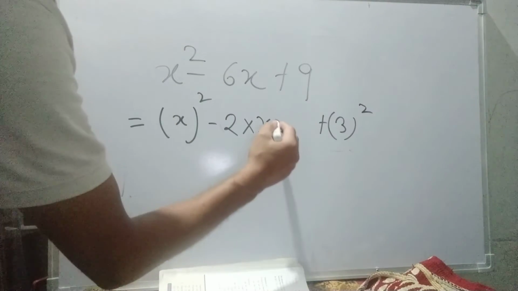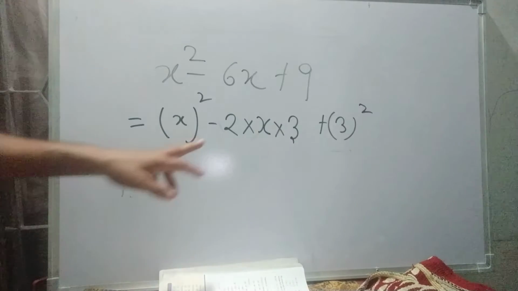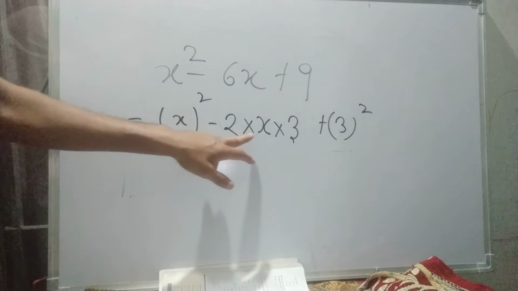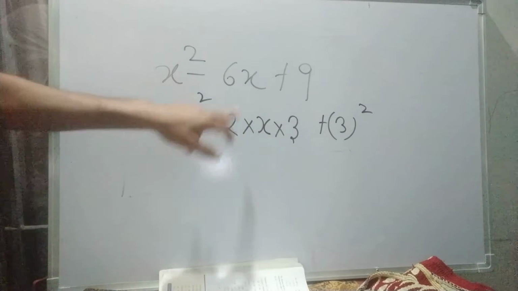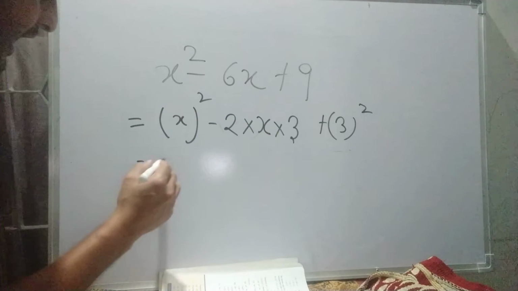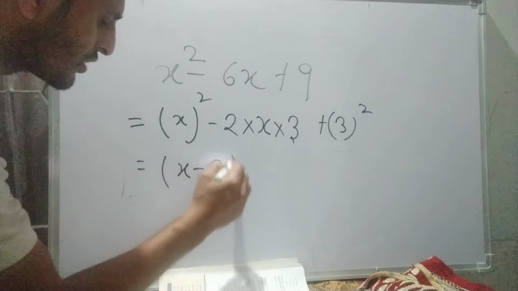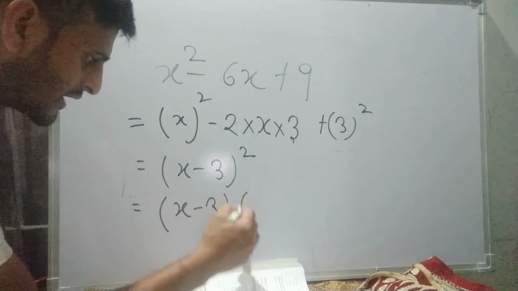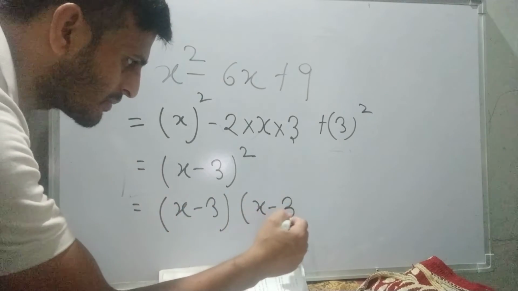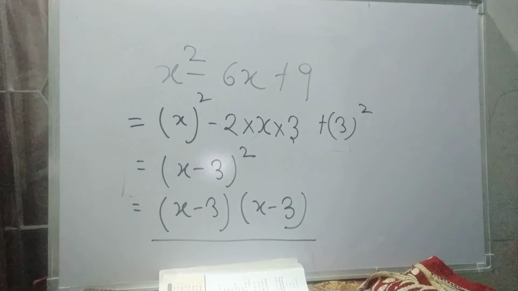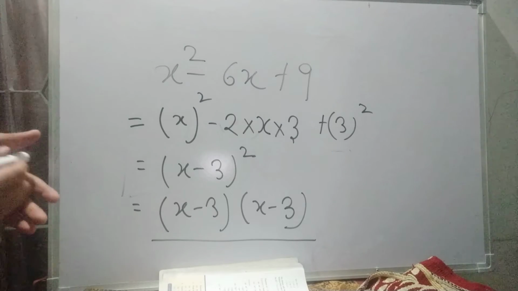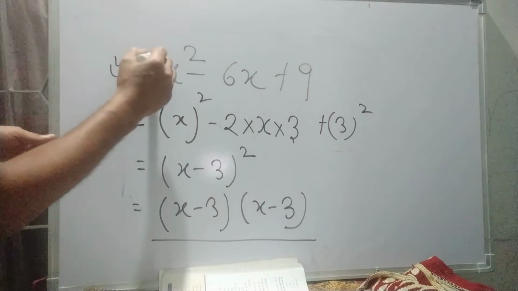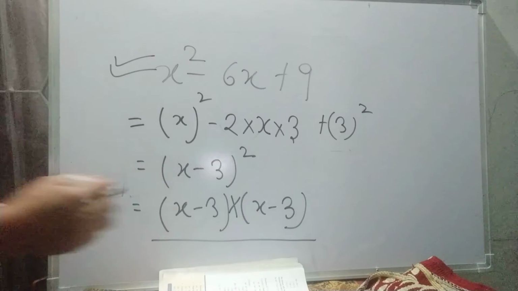Writing the middle term as minus 2 multiplied by x multiplied by 3, we get minus 6x. This is the identity of x minus 3 whole square, and x minus 3 whole square can be written as x minus 3 multiplied by x minus 3. Factorization means writing the algebraic expression as a product of two or more algebraic expressions. So we have written this as a product of two or more algebraic expressions.